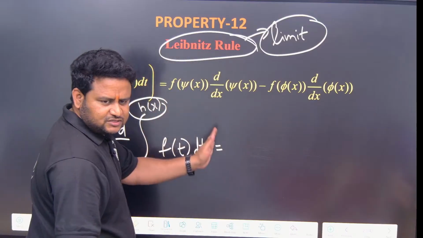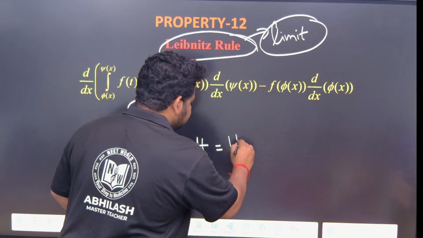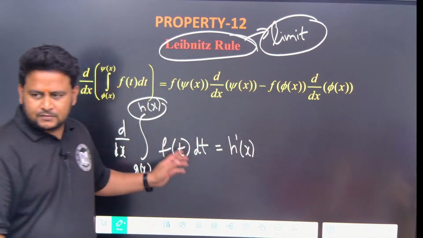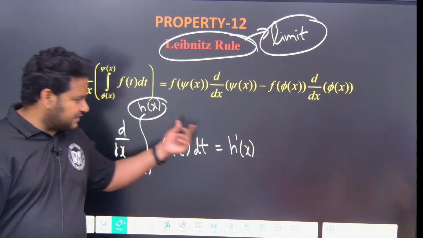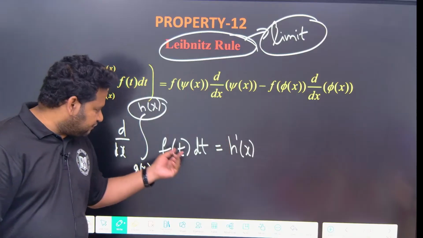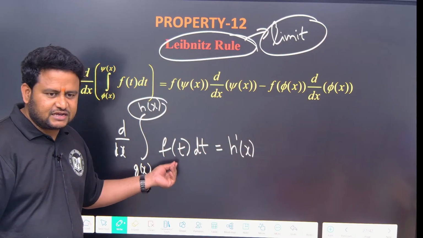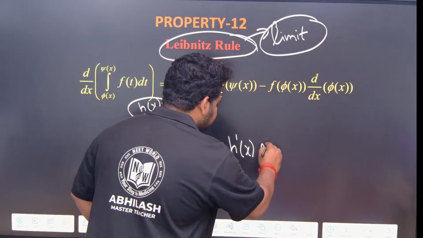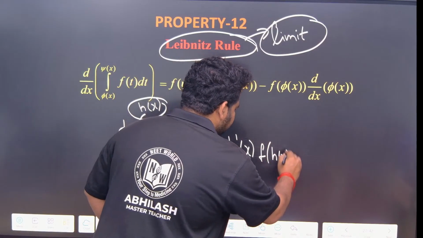First you bring h of x down, then you differentiate it, so h dash of x you write. The upper limit is there, written with h dash of x. Then the function is f of t dt. Instead of writing f of t dt, you write it like a composite function, f of h of x.